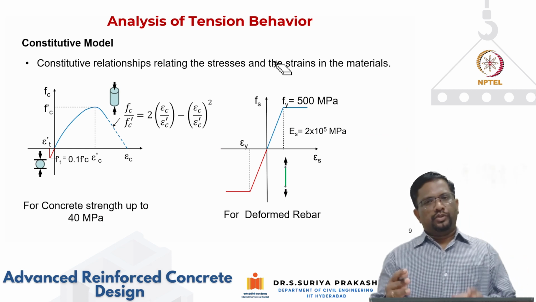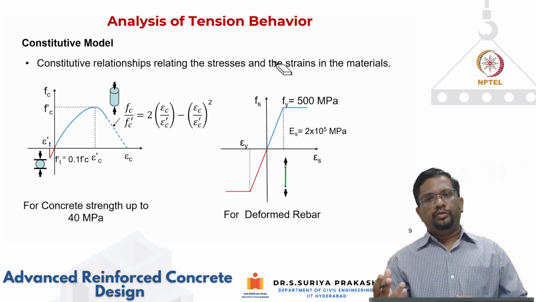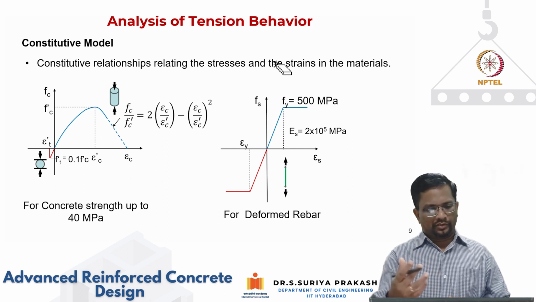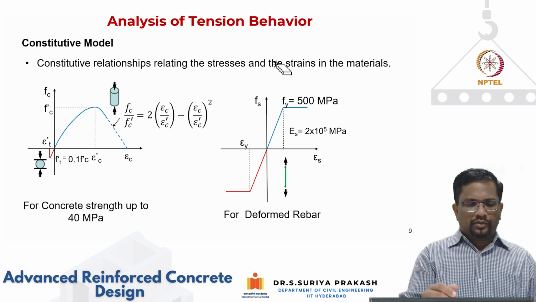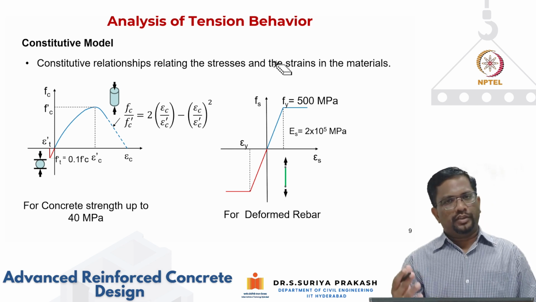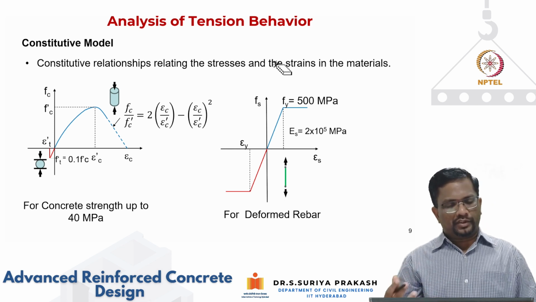Okay, so for an assumed value of strain, how do I get the stresses? This is what we discussed in the previous chapter also. So these are constitutive relationships that are going to relate the stresses and strain.